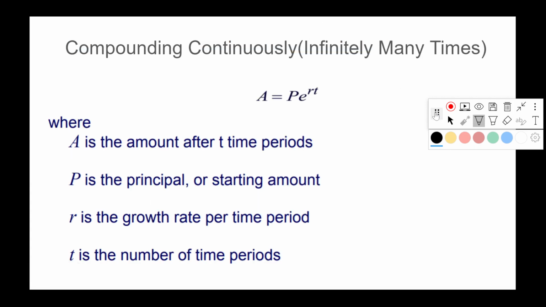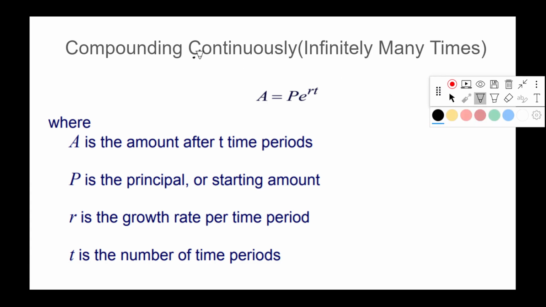Now, you can also compound continuously. So if you compound continuously, you use that fancy number E, 2.718, as your base. And the problem becomes a little bit easier. You don't need to give all this information.